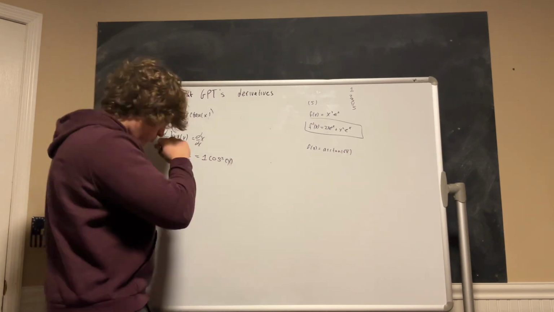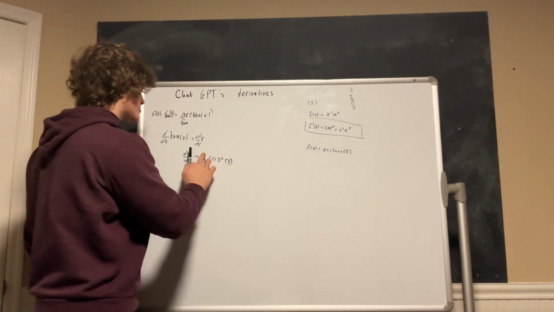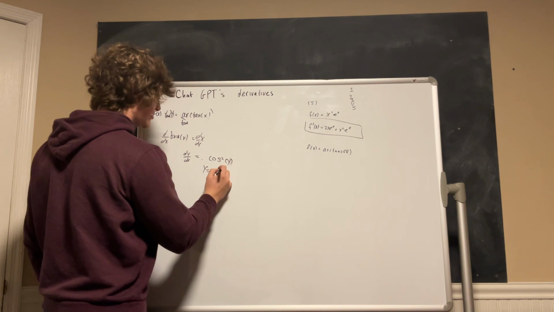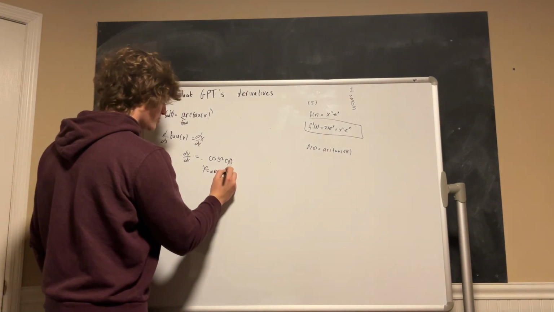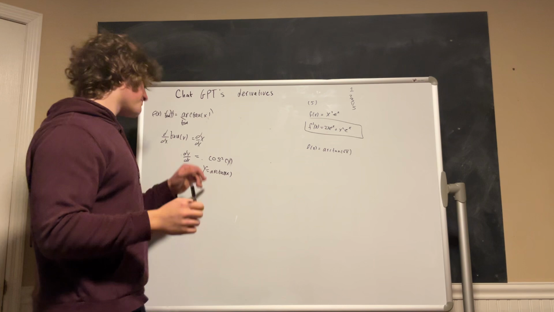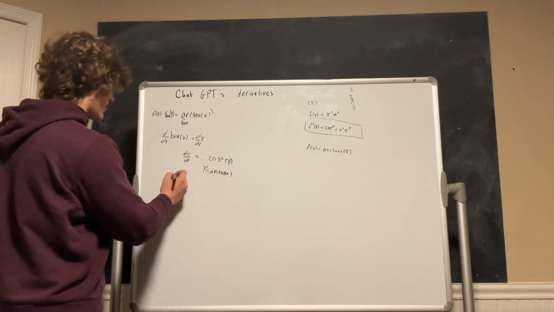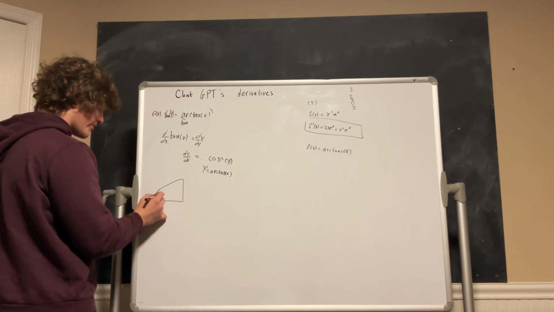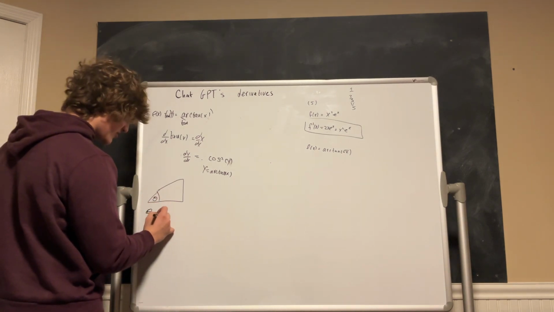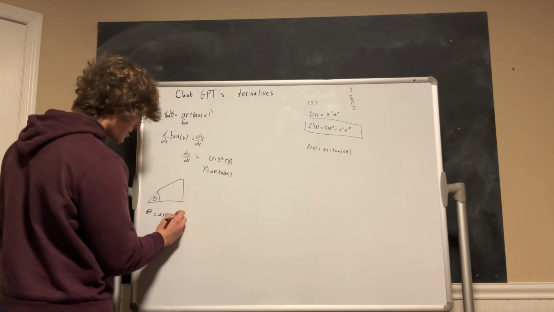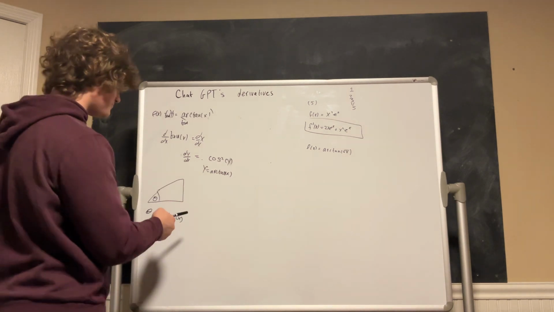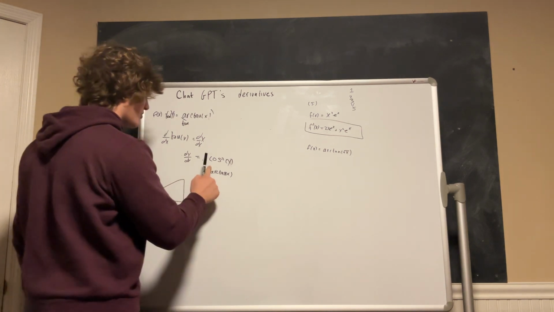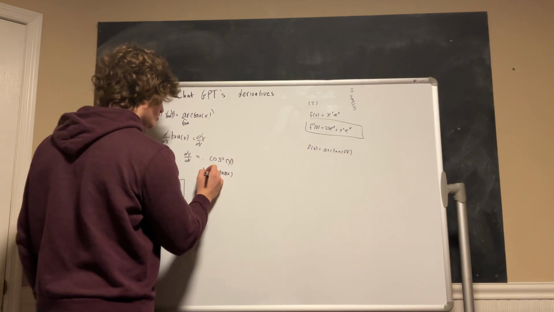So that goes away. Now we can just get rid of this 1. And if you remember, y was equal to the arctangent of x. So we can now make a triangle right here where we have a theta, where theta is equal to the arctan of x, sorry, y is equal to arctan of x.